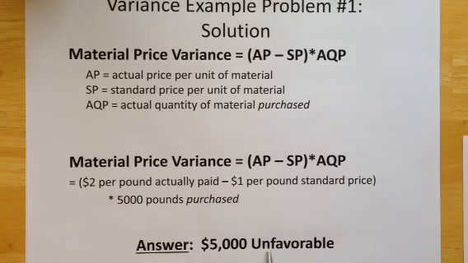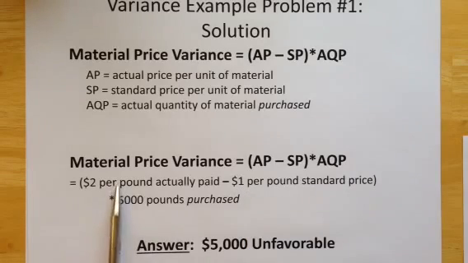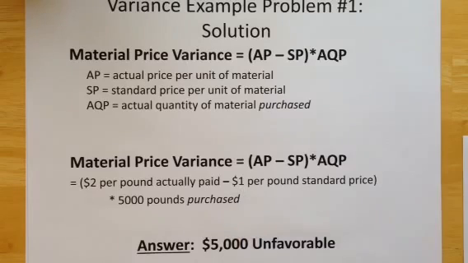How did we get unfavorable? Because by logic we see that we actually paid $2 per pound for plastic, whereas normally, based on the standard, we expected to pay $1 per pound. When we pay more than we expect to pay based on the standard, that is unfavorable, folks.